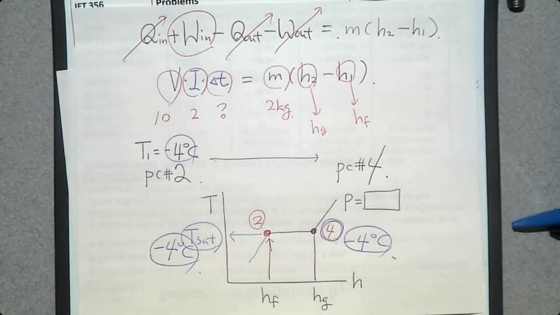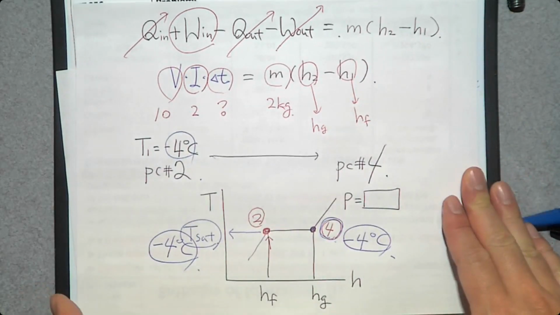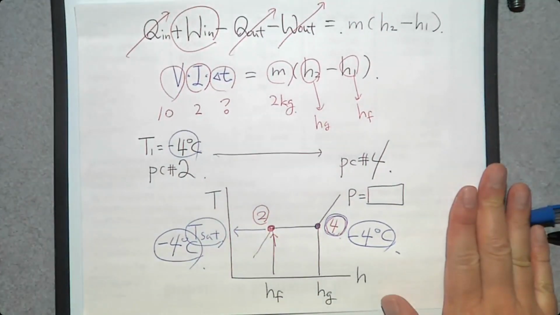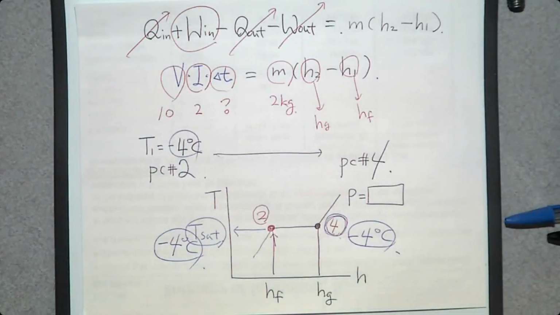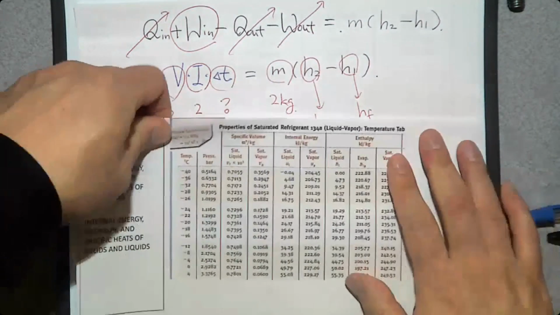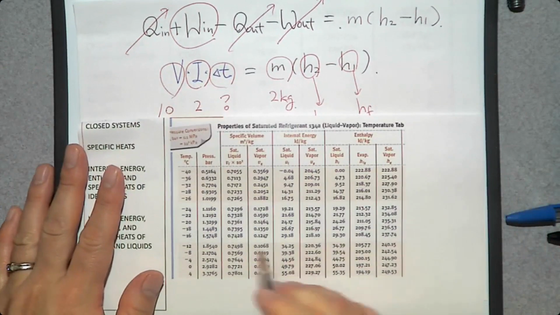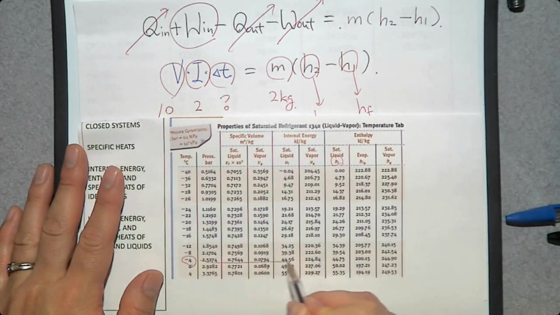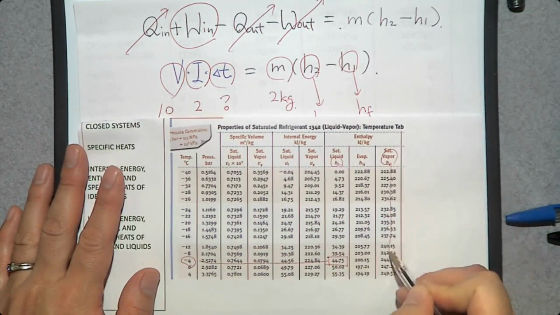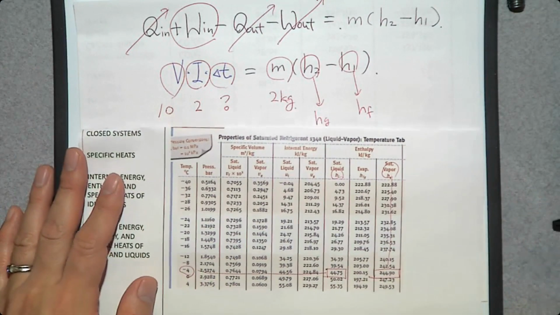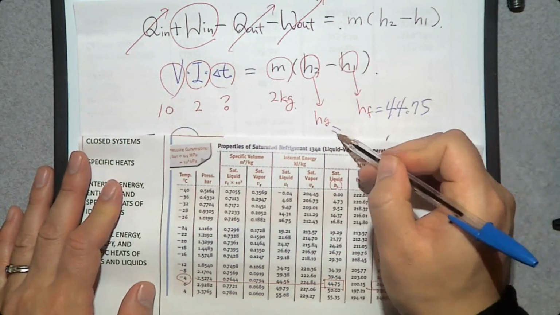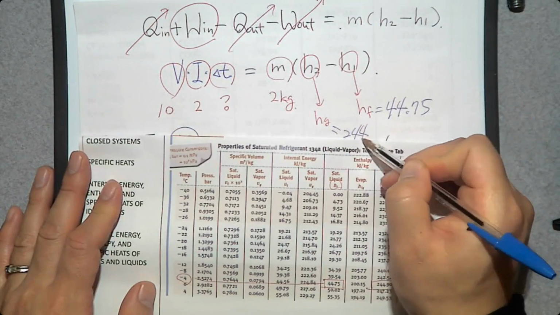How do you determine Hf and Hg? Where's the table? At minus 4 degrees Celsius, Hf, this number, Hg, this number. So Hf 44.75, Hg 244.9.